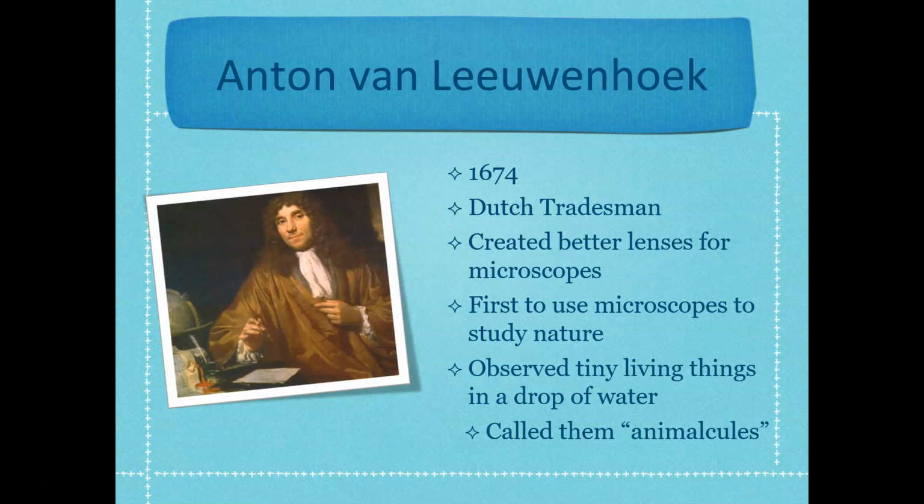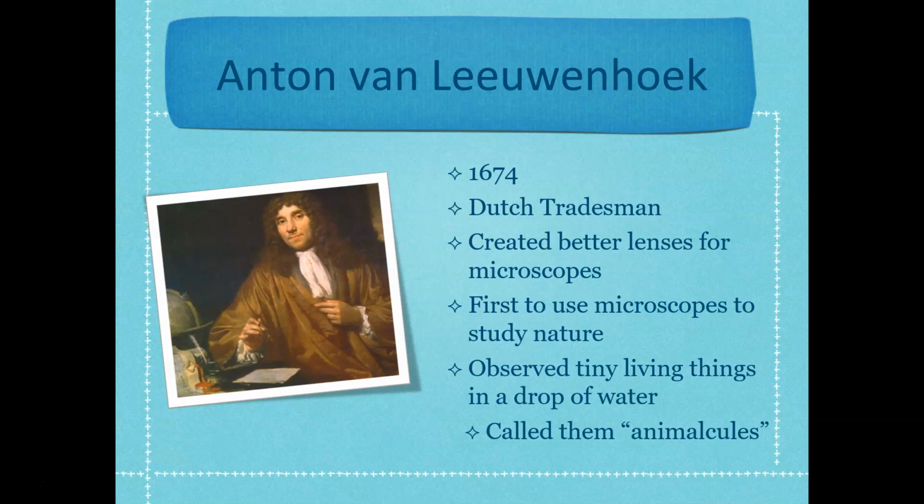Fast forward just a few years to 1674, and let's talk about this Dutch tradesman. His name is Anton van Leeuwenhoek, and he would trade all sorts of goods all over the world. And something that he just happened to find very interesting were lenses. And so he was a tinkerer, and he would play with these lenses and try to make better ones.